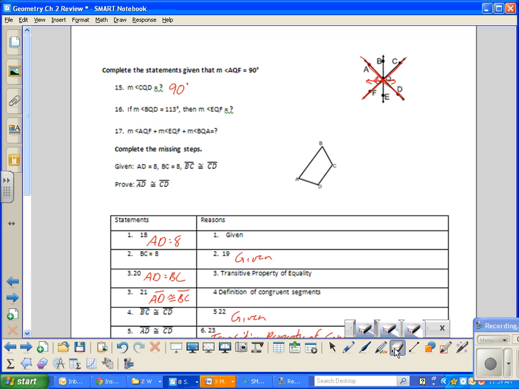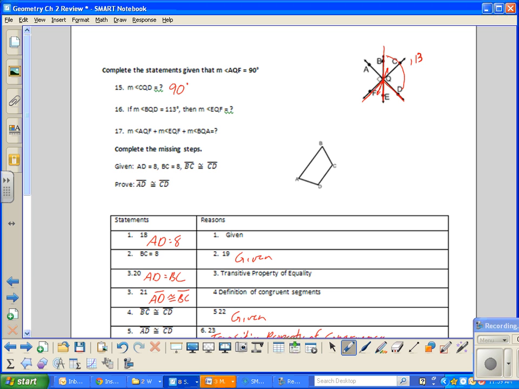Then 16 tells us if the measure of BQD is 113 degrees, then what's the measure of BQC, or EQF, I mean? What we have to recognize is EQF is a vertical angle with BQC.